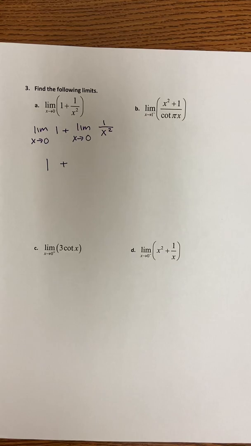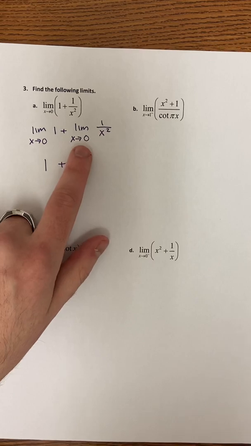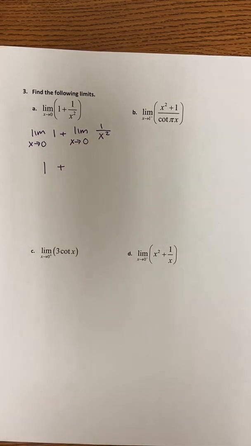From the right side, you have a positive number squared in the denominator that's very small. 1 divided by something very, very close to 0 is positive infinity. On the left side of 0, you would have a negative number squared, but a negative number squared is still positive, which means that it's still going to be approaching infinity.